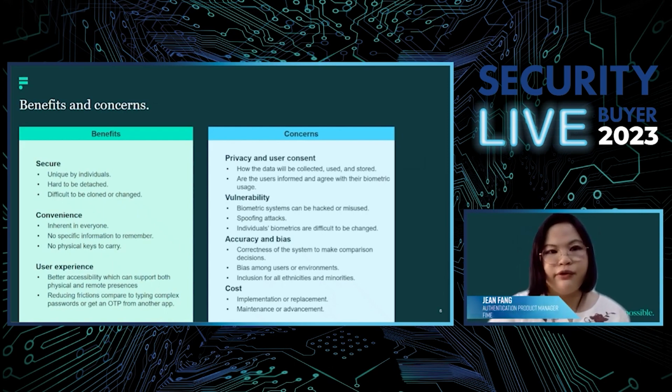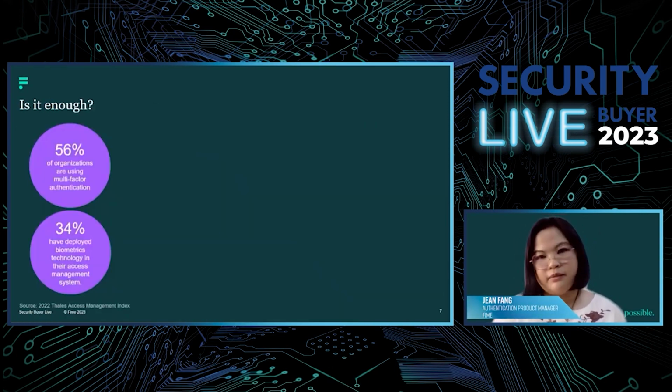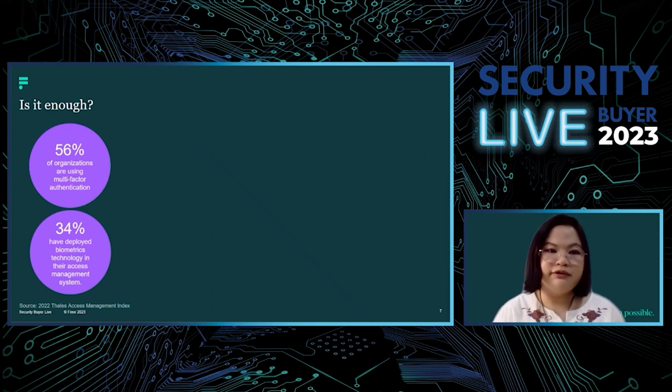So now we know the benefits and concerns. What is the market status today? According to a research done last year, we can see that 56% of the organizations are using multi-factor authentication, which we know there can be three factors: what we know, what we have, and what we are. And biometric is the actor of what we are part.